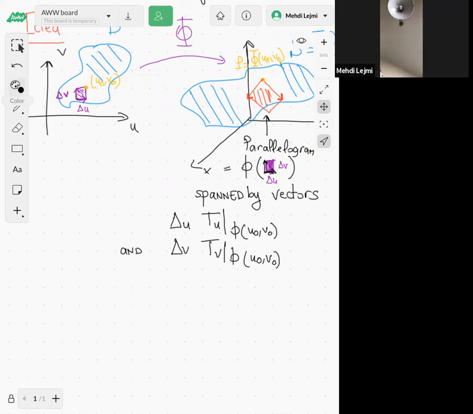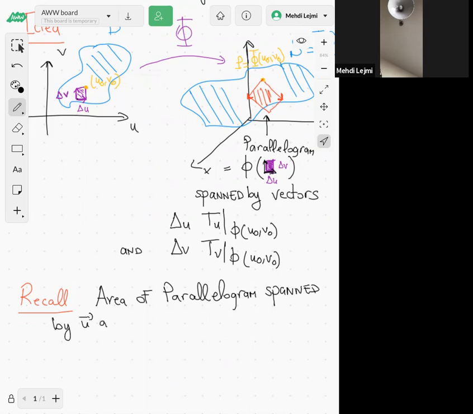So just to remind you guys, the area of a parallelogram spanned by two vectors u and v is just the magnitude, or the length, of the vector u cross v, right?